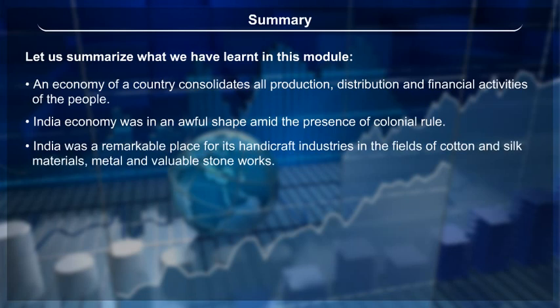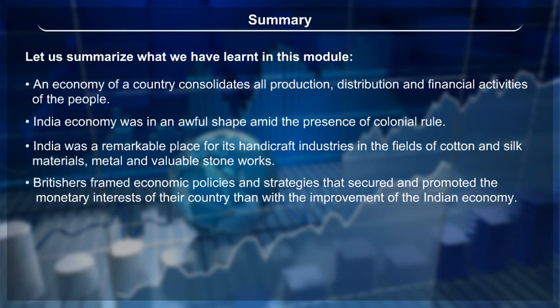India was a remarkable place for its handicraft industries in the fields of cotton and silk materials, metal and valuable stone works. The Britishers framed economic policies and strategies that secured and promoted the monetary interests of their own country, rather than the improvement of the Indian economy.